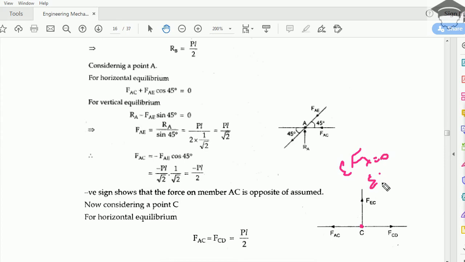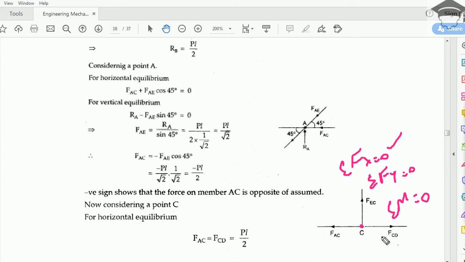But using one equation only we can find the value, because at point C we have only one force FAC in this direction and the other force FCD in this direction. So FCD is equal to FAC, or you can write FAC plus FCD is equal to 0. So the magnitude will again be PL by 2.